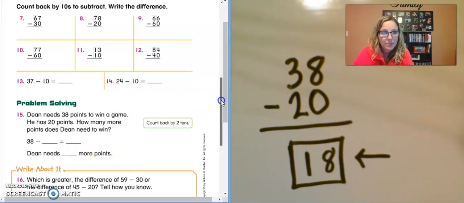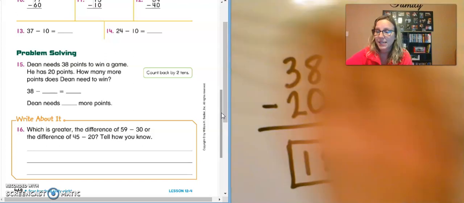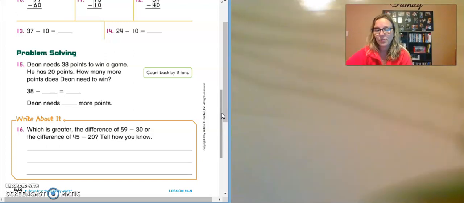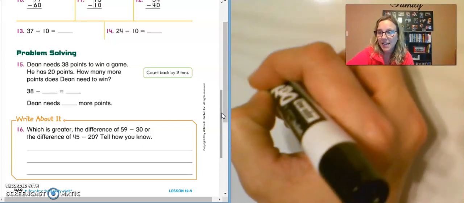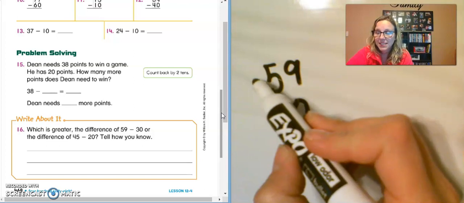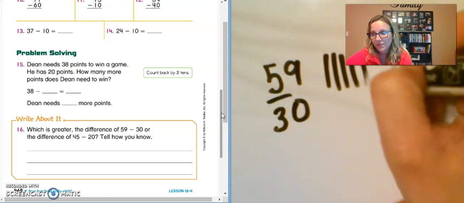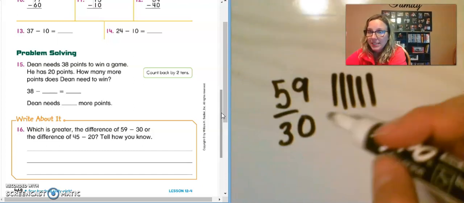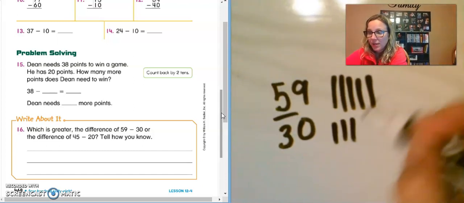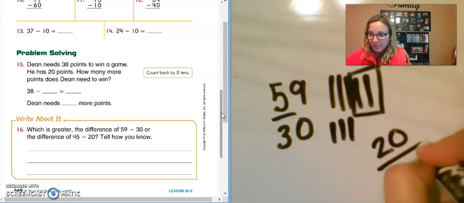Okay, looking at number 16, which is greater? The difference between 59 and 30 or the difference between 45 and 20? And tell how you know. So looking at 59, take away 30, we can see that the difference between 5 tens, 1, 2, 3, 4, 5 tens, and 3 tens, 1, 2, 3, the difference is 2 tens or 20.